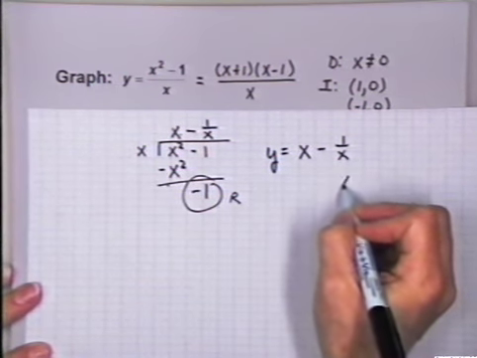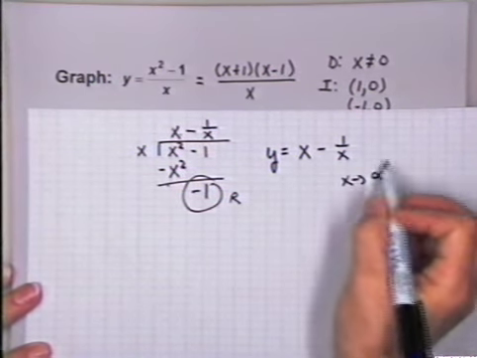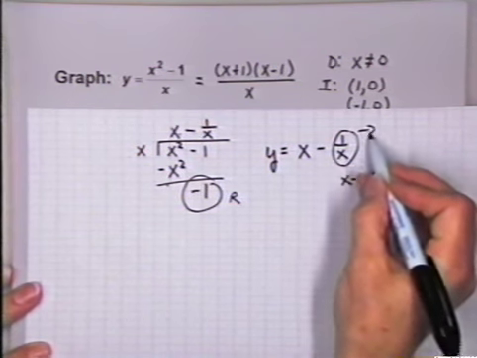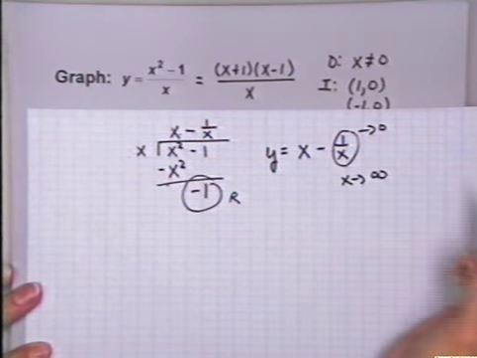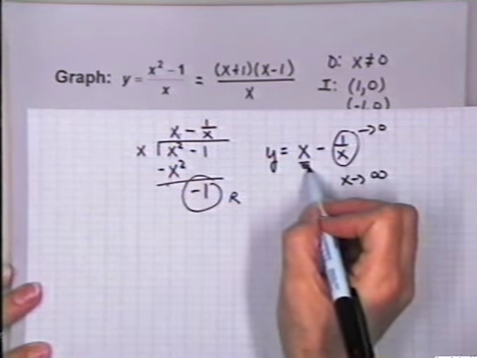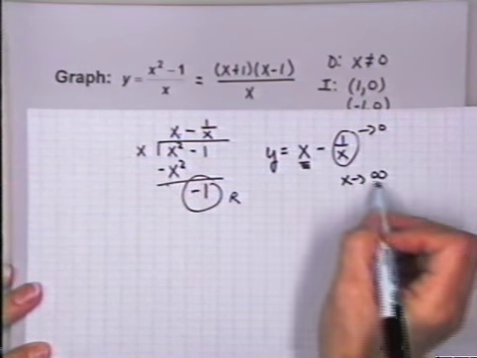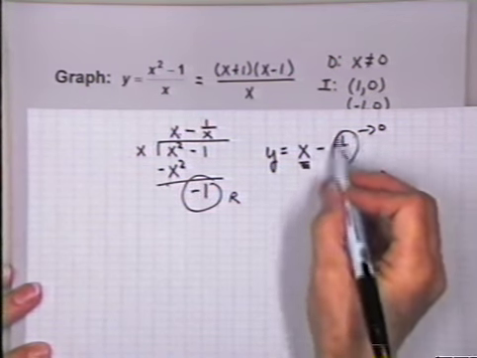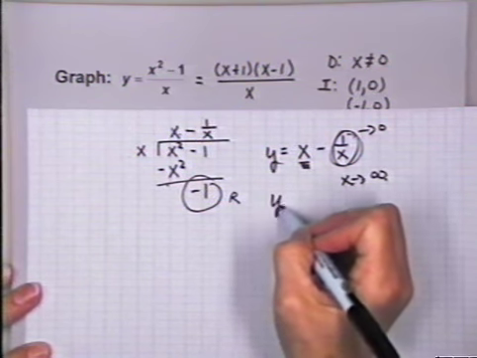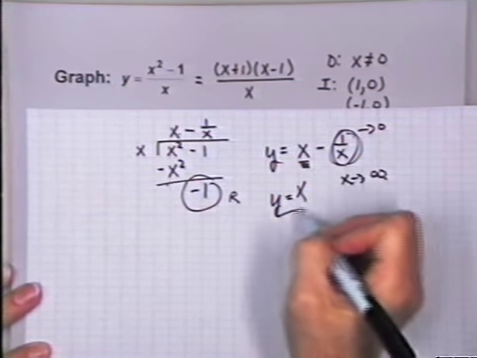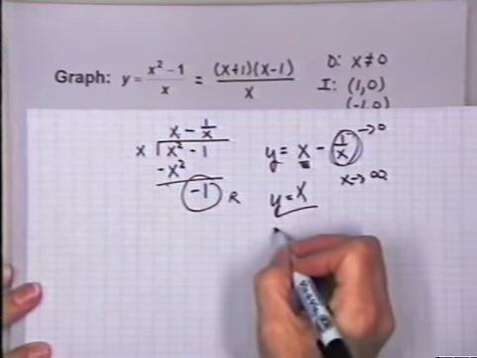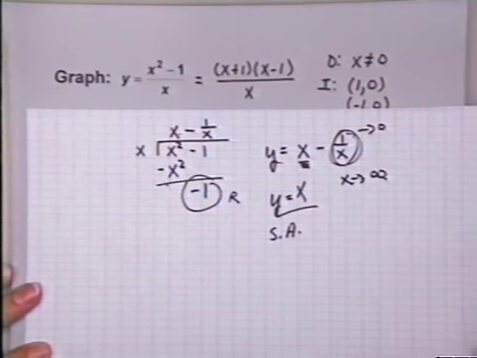As x gets very big, as x approaches infinity, this 1 over x approaches 0. We've talked about that before, but notice we still have this x here. So as x approaches infinity, this becomes small, but y is just getting close to whatever this x value is here. So that gives us our slant asymptote.